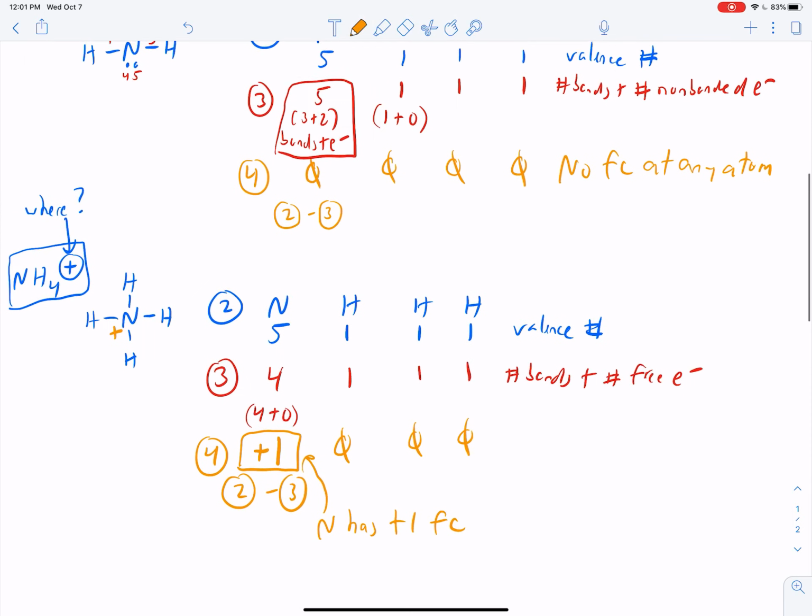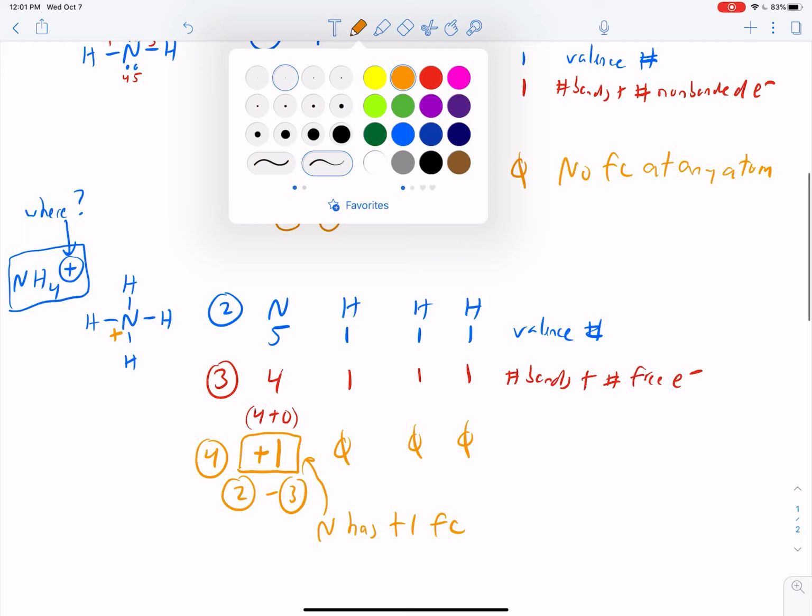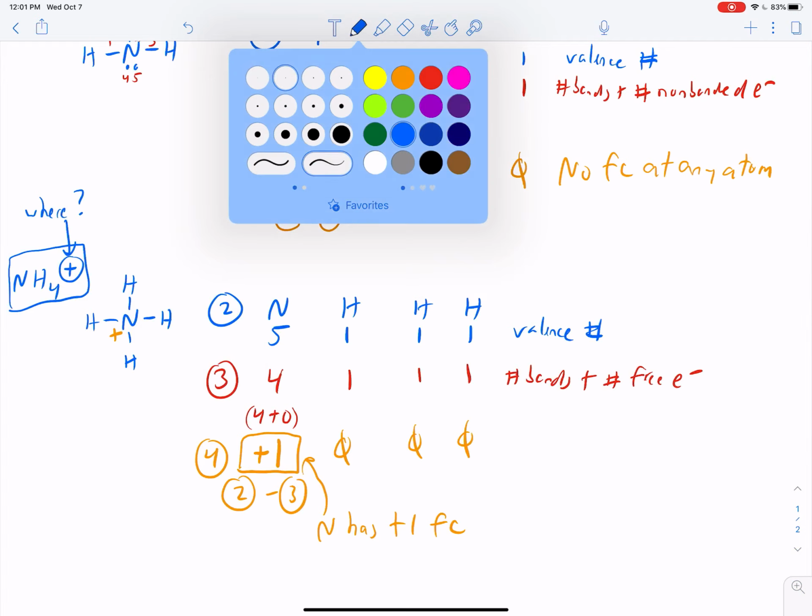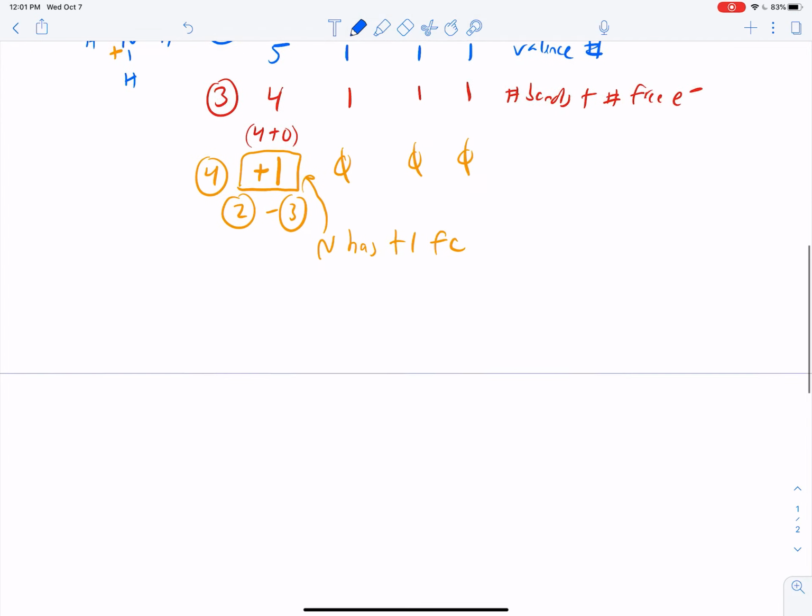All right, moving on to cyanide, the CN minus anion. And I'll go to a new page because why not? CN minus anion. Again, I will pause. I invite you to draw the Lewis structure for yourself.